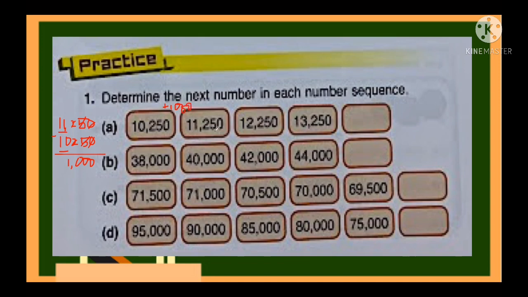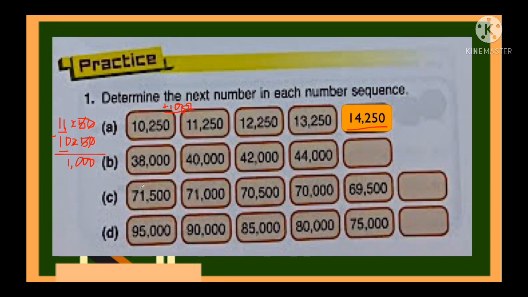If the pattern is plus 1,000, what will be the next number here? We have 13,250 plus 1,000. And that will be, very good, 14,250.